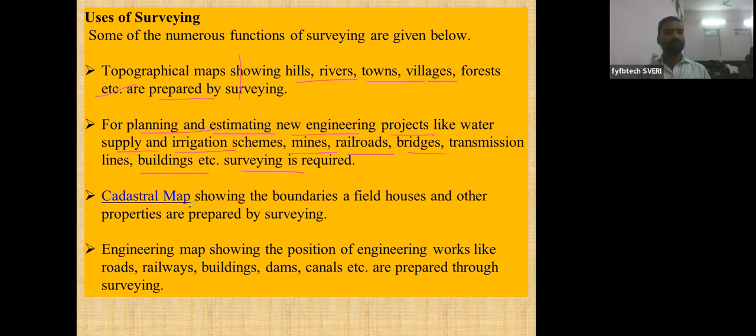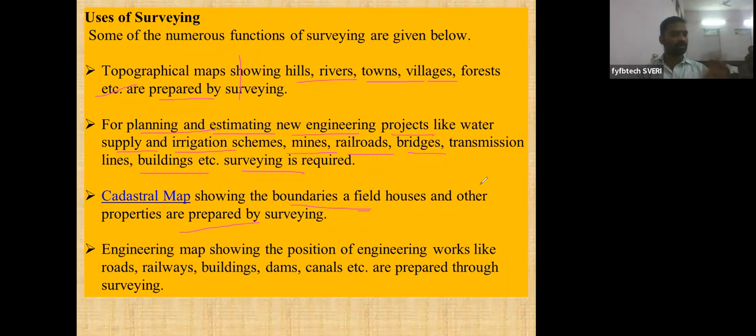Then cadastral maps, showing boundaries, fields, houses, and other properties. It means your house and your neighbor's house have a boundary. That type of surveying is called cadastral surveying or cadastral maps, from one boundary to another boundary.